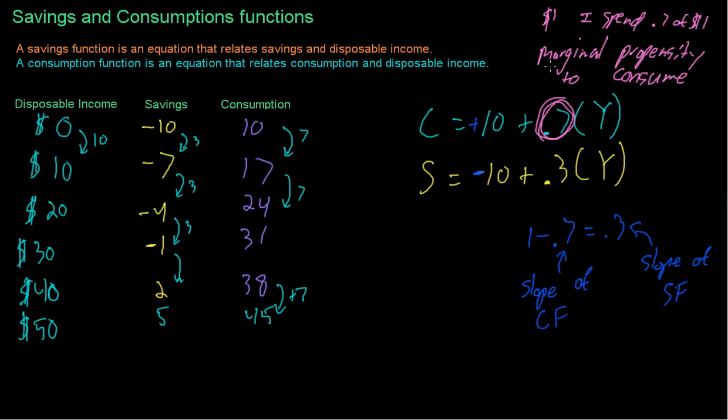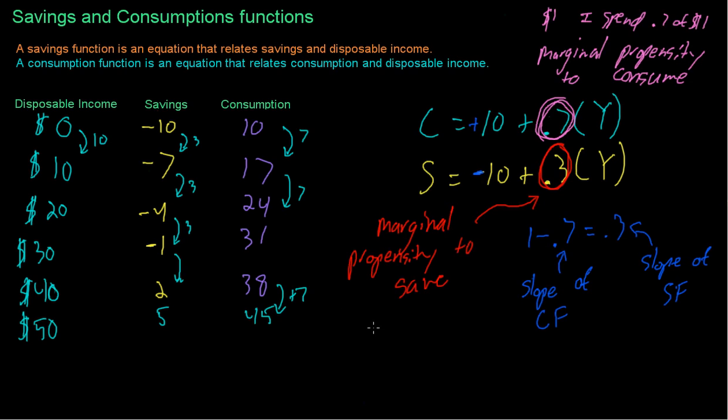And the exact same thing is true for the savings function. The slope of the savings function is the marginal propensity to save. And again, that's just, for every additional dollar that I have in disposable income, I save 30 cents.